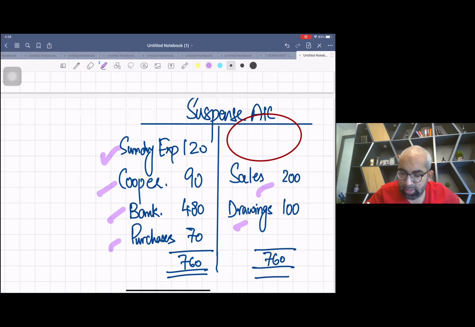See which side is heavier. This debit side is 760 minus this and this, and you will get this number. So it's not difficult. You need to calculate the opening balance through a balancing figure.